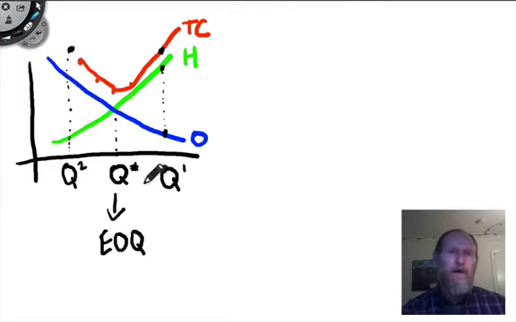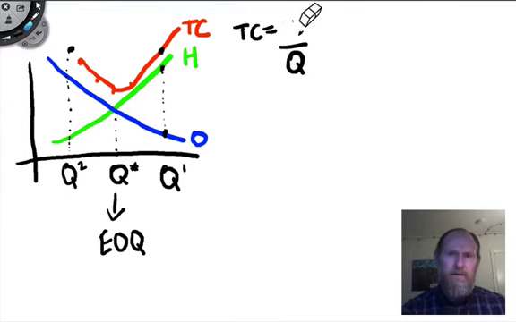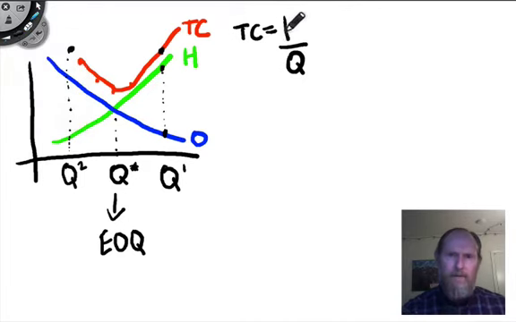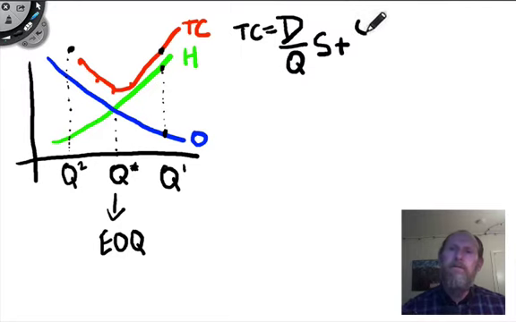Now, formula-wise, we know that total annual cost is equal to demand quantity times setup cost plus quantity divided by 2 times holding cost.